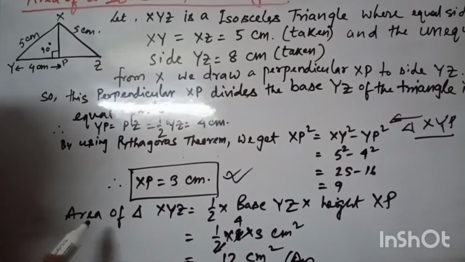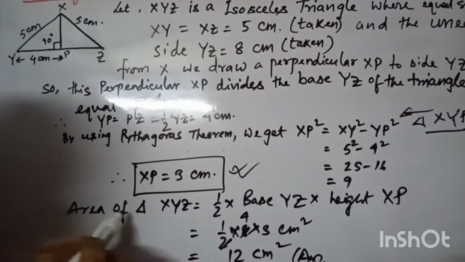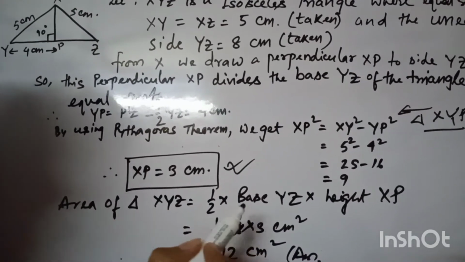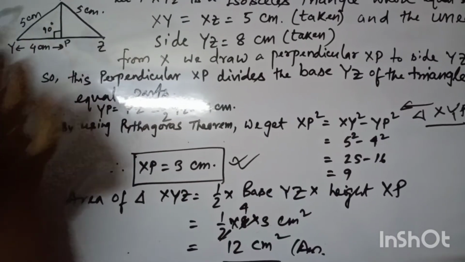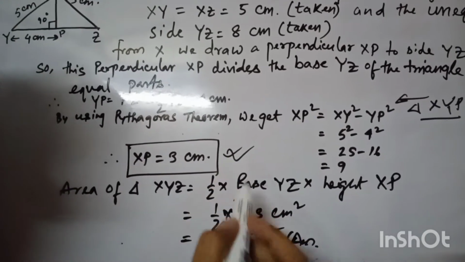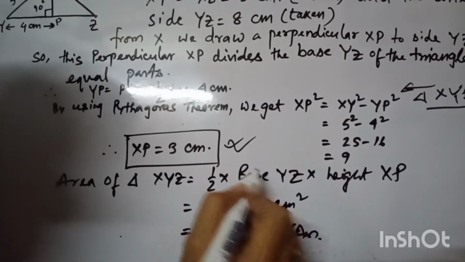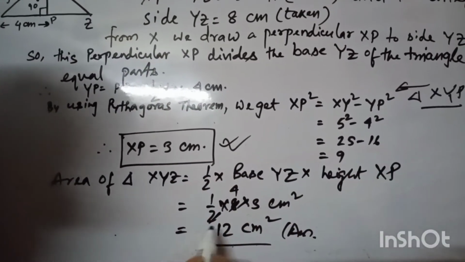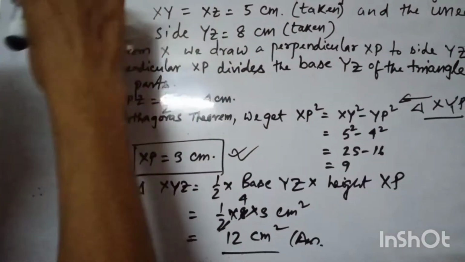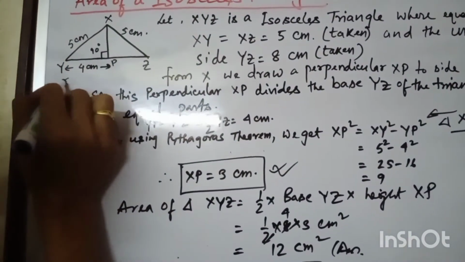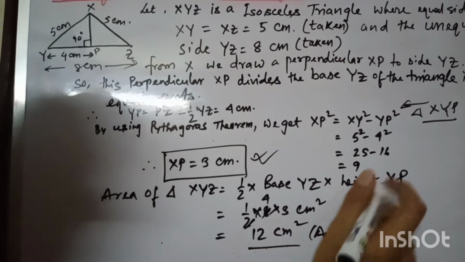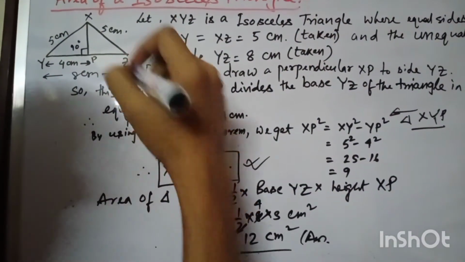So the actual formula is the area of triangle XYZ is equal to half into base YZ into height XP. We can put the values of YZ and XP: half into base YZ, which is 8 centimeter, so half into 8 into the height XP, 3 centimeter.